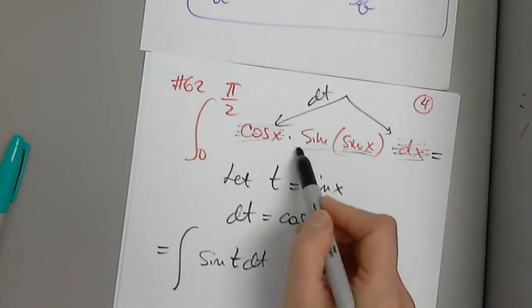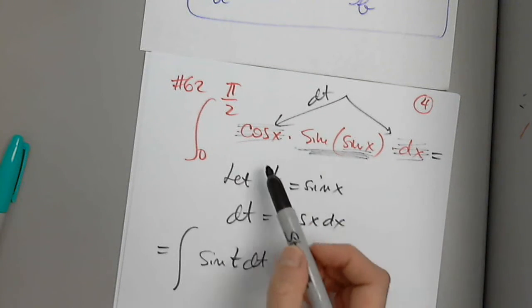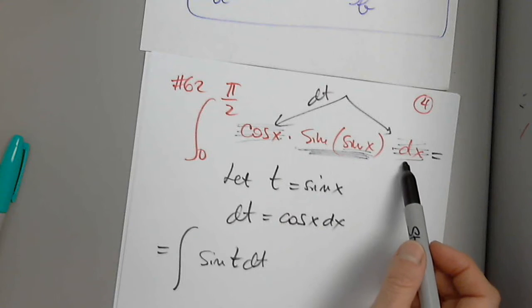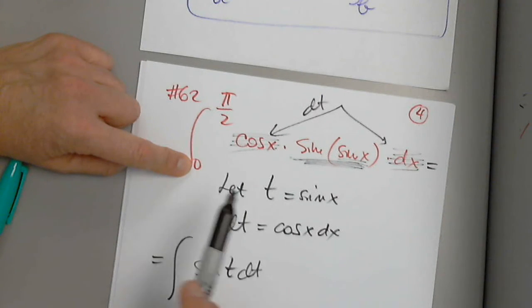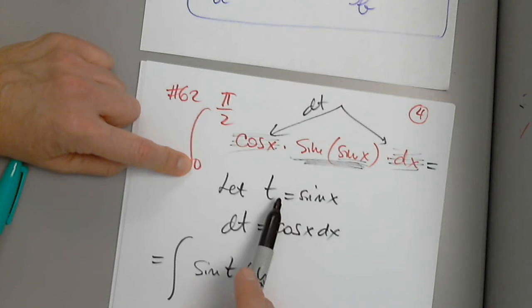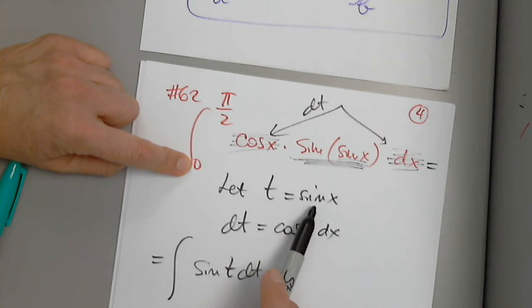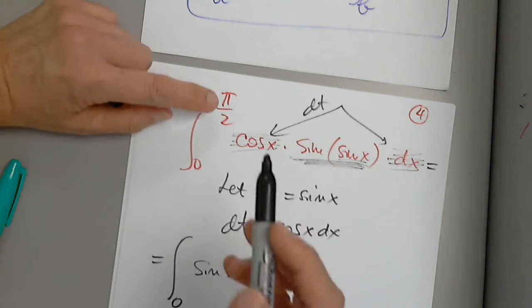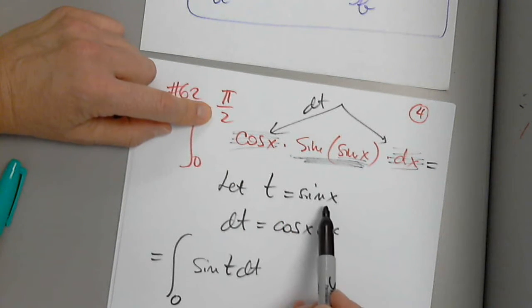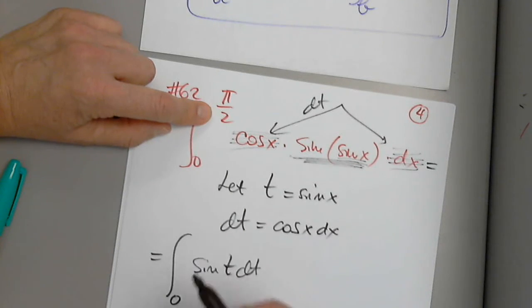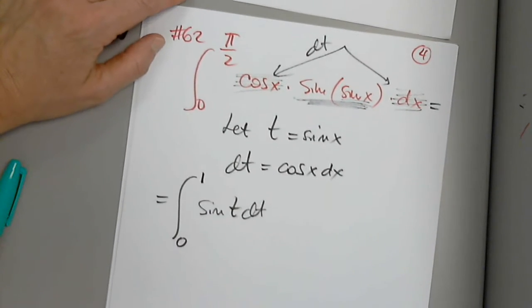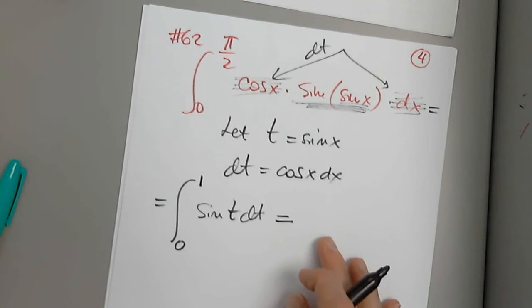Sine t dt. This is sine t, and this is dt. When x is 0, how much is the lower limit for t? 0, very good. When x is pi over 2, what will be the upper limit for t? Excellent, 1 indeed.